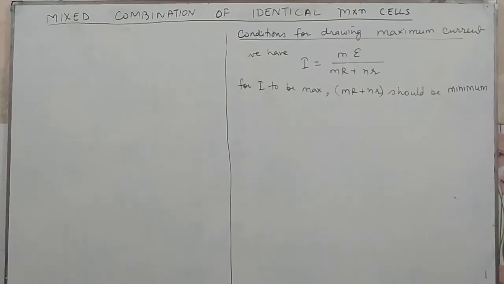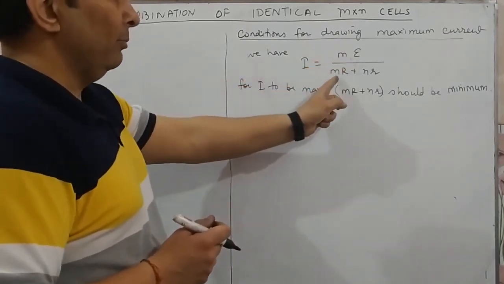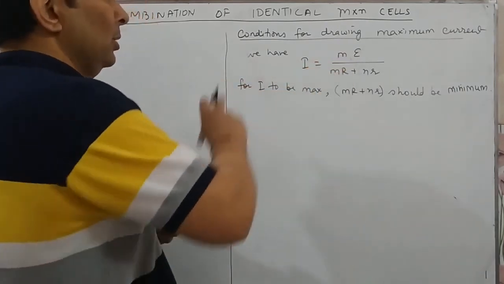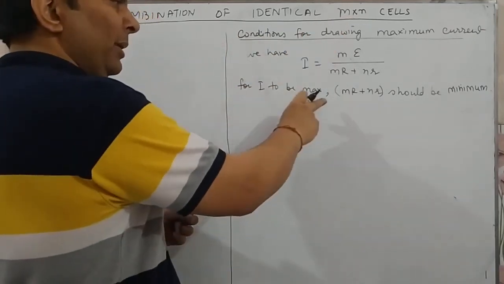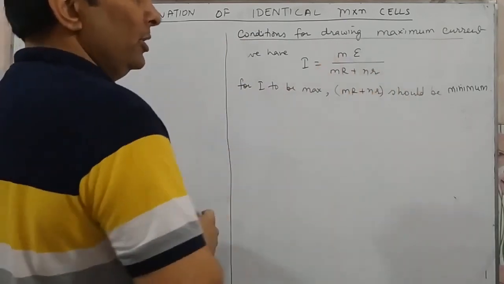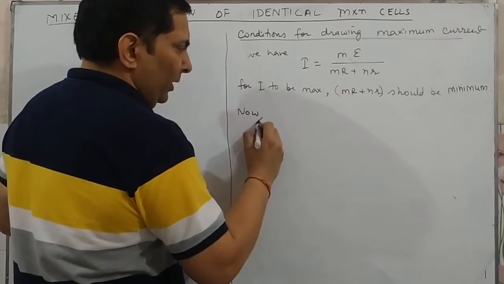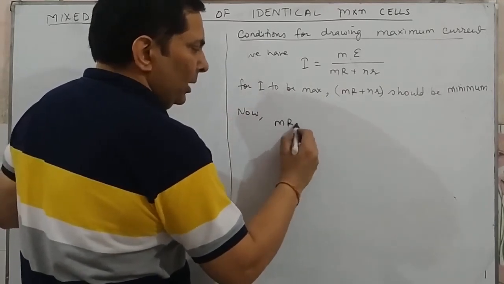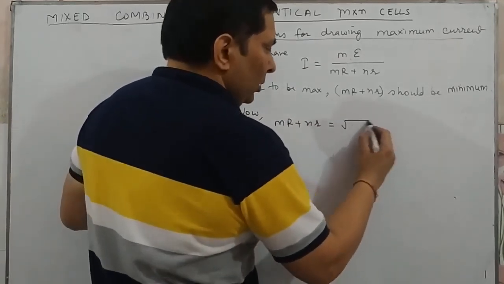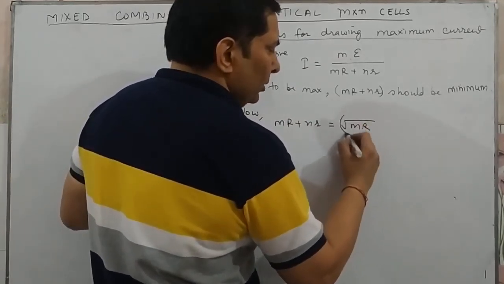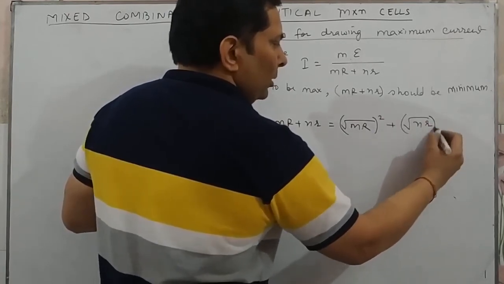Proceeding further, the current is equal to mnE upon mR plus nr, as we already discussed. Now we'll discuss the conditions for drawing out maximum current. For I to be maximum, this denominator should be as small as possible. Now mR plus nr can be written as root of mR squared plus root of nr squared.